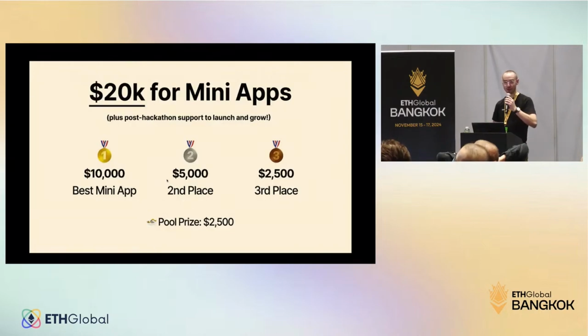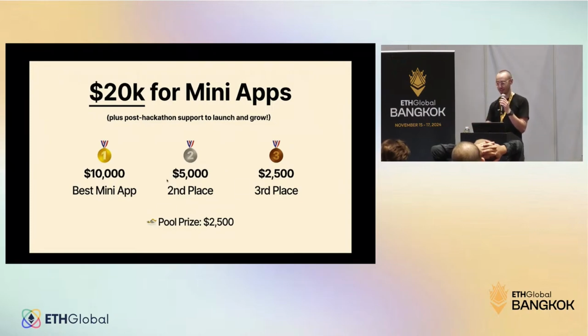So that's the quick rundown of how to build with a mini app. We have 20K worth of bounties available, and we're giving $10,000 to the best mini app, $5,000 to second place, $2,500 to third place. We are all in on mini apps at this hackathon. We want to see these mini apps get built in these 36 hours and ideally be shipped to the mini app store in World app.